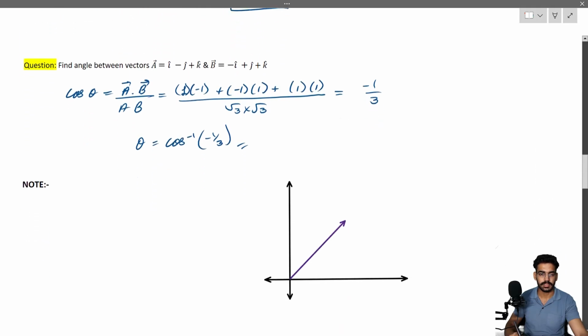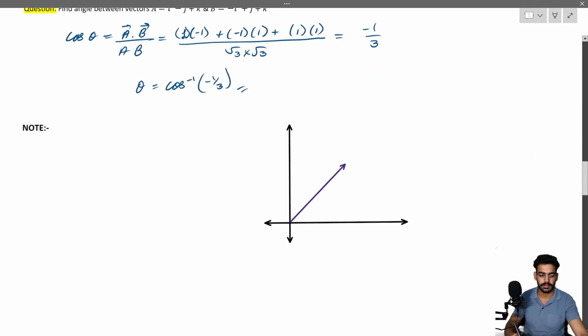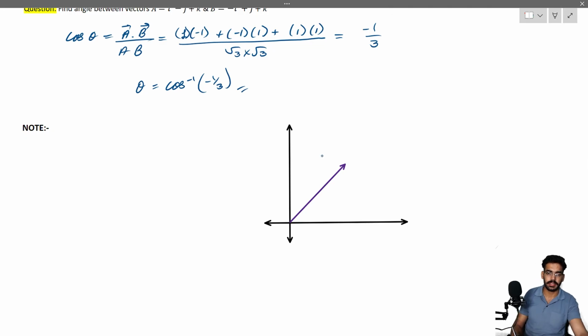Okay, now next note we have. What is the note here? That if, let's say, we have a vector ax i cap plus ay j cap, and the angle with, so this vector is given, and this is your alpha, this is your beta, this is your ax and this is your ay.